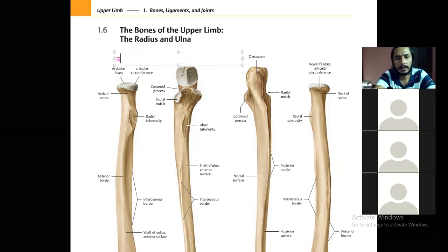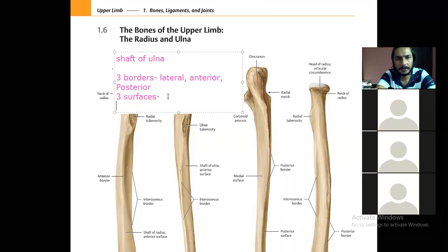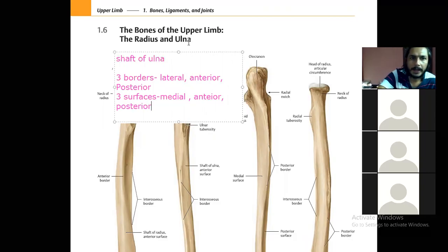The three borders are the lateral border, anterior border, and posterior border, and the three surfaces are the medial surface, anterior surface, and posterior surface. Okay, so these are the surfaces.